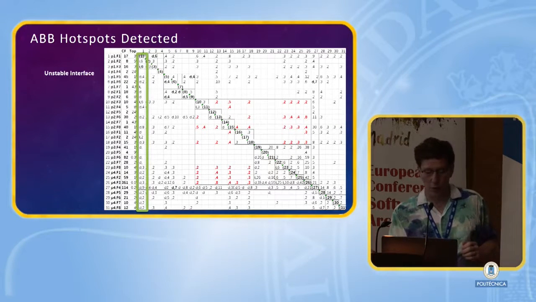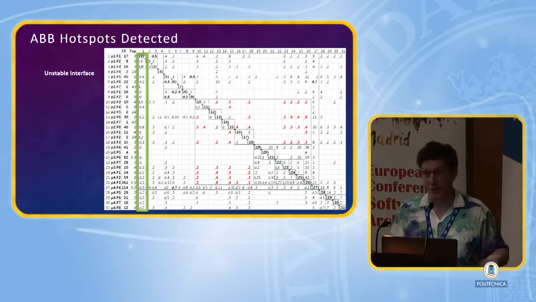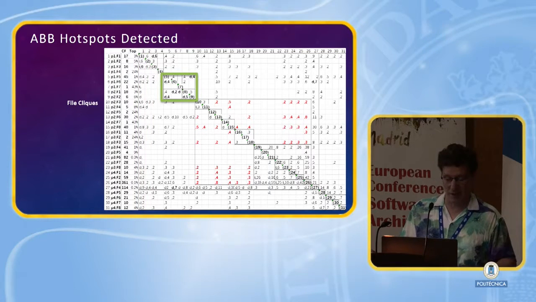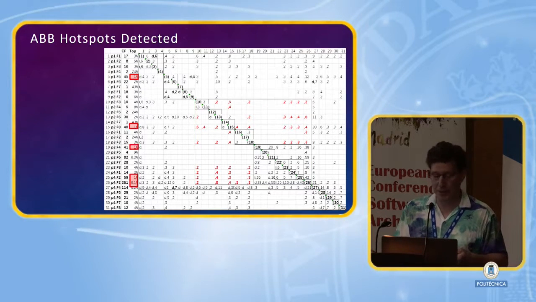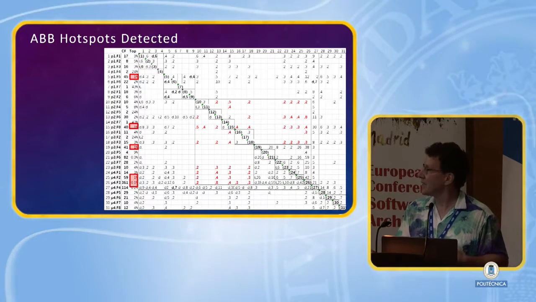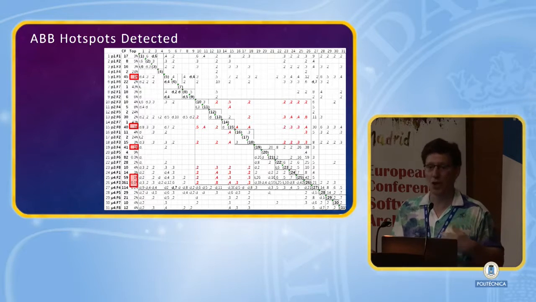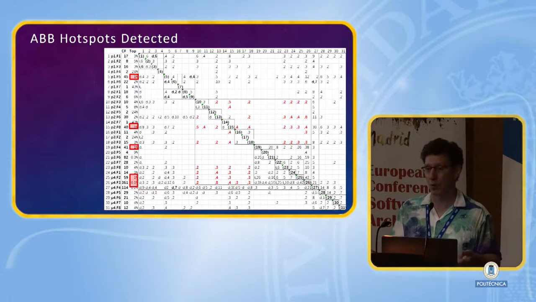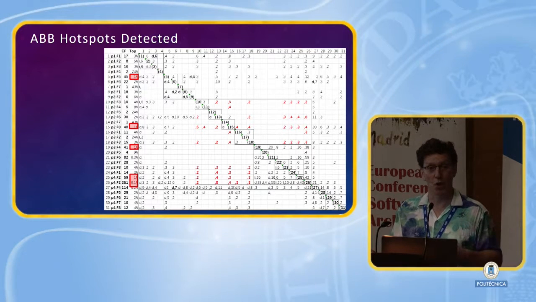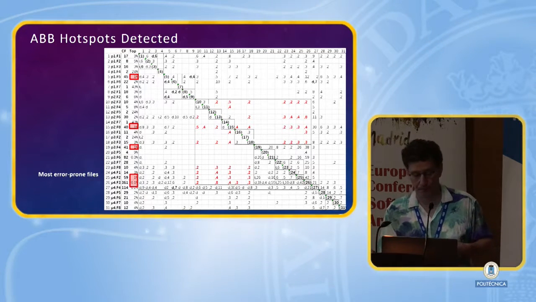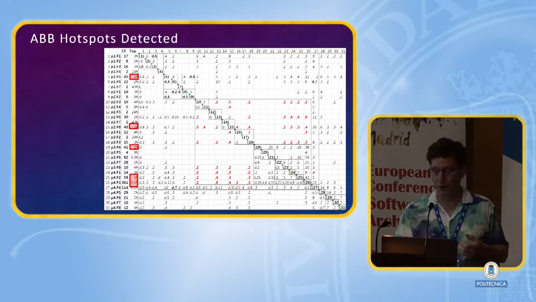And of course, we were able to find lots and lots of architectural flaws like cliques, unstable interfaces, and modularity violations. The files that participated in these cliques were typically in the top 1% or top 0.1% of the buggiest files of the project. So they were the most error-prone files.